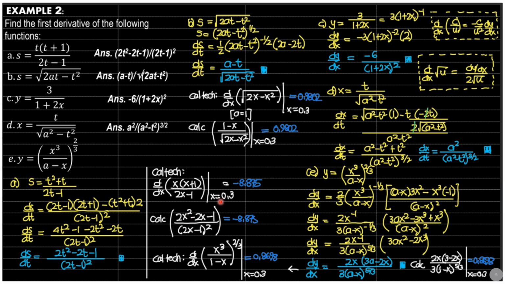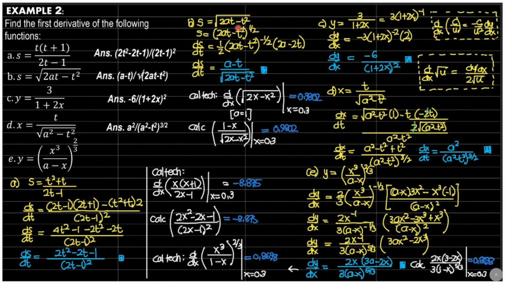That is correct. Then letter B, s is square root of 280 minus t squared. So this is in the form square root of u. The derivative of square root of u is derivative of u with respect to t divided by 2 square root of u, or using the power formula. Again, derivative of u, which is 280 minus t squared, with respect to t, divided by 2 square root of u.